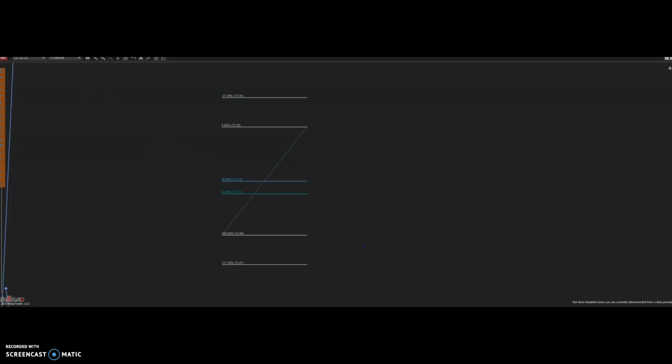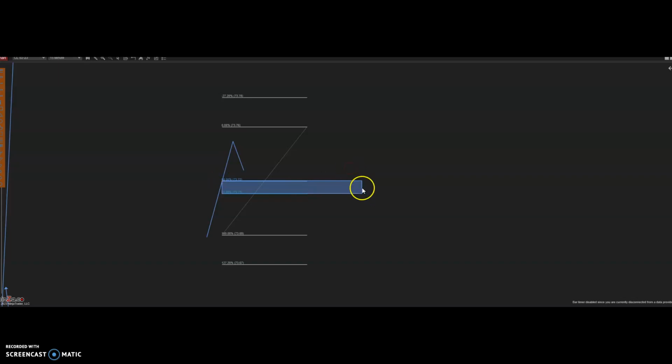All right, so if I see price do this, I'm looking for her to stay in that retrace. I'm looking for her to stay above this golden ratio zone, which consists of the 50 and the 61.8 area, right?